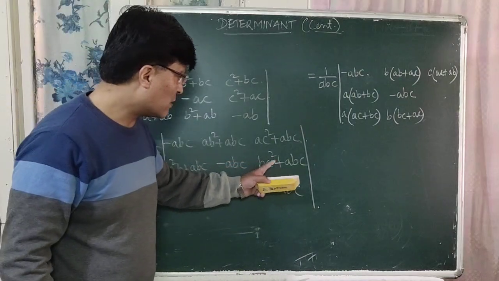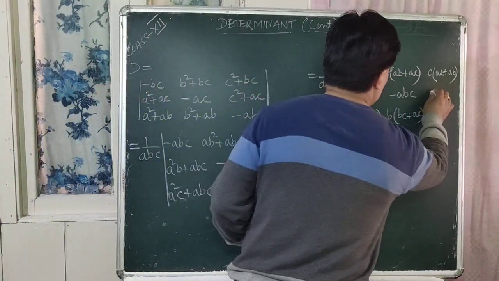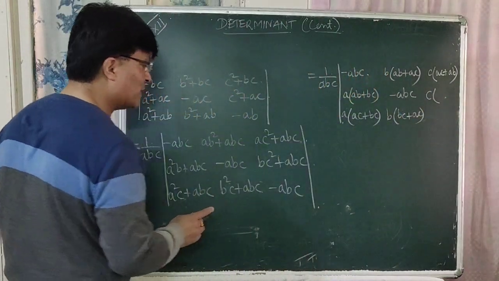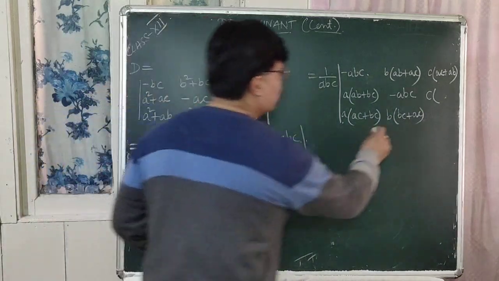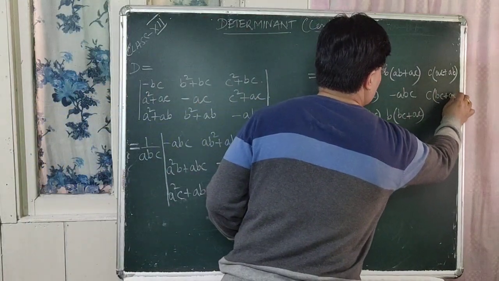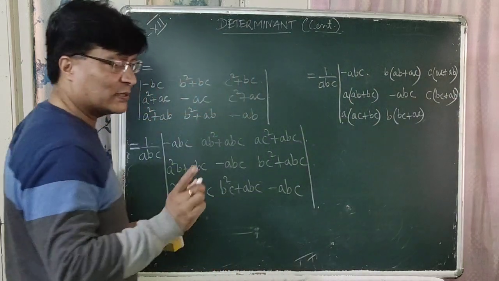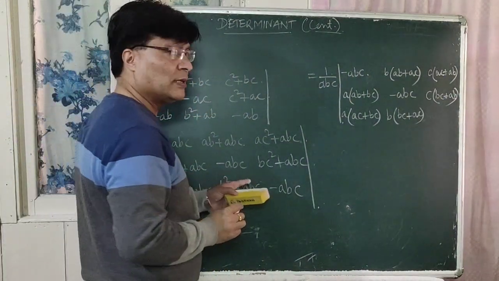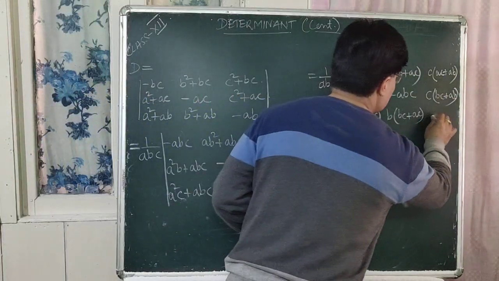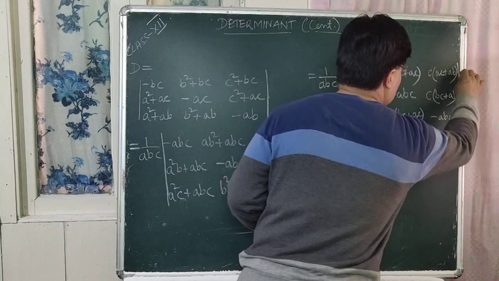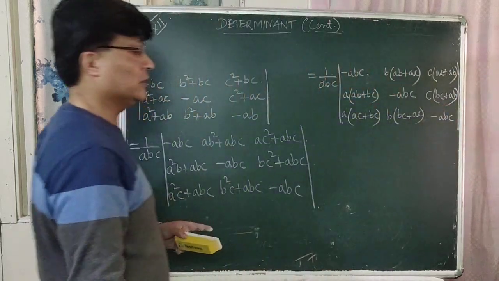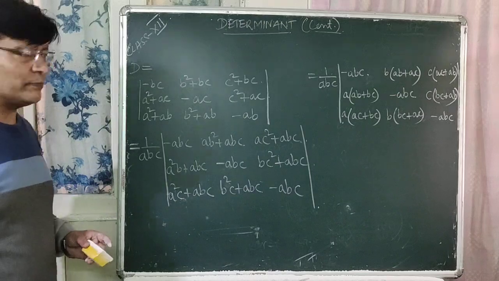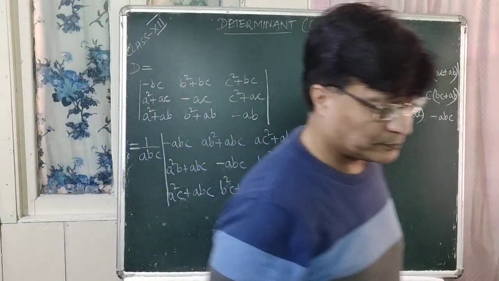Next, here also C is taken common. If you take C as common, what do we get within bracket? It is BC plus AB, right? And then the third element remains the same, that is minus ABC. So the determinant sign is closed here. Is it understood now? So you can copy it.